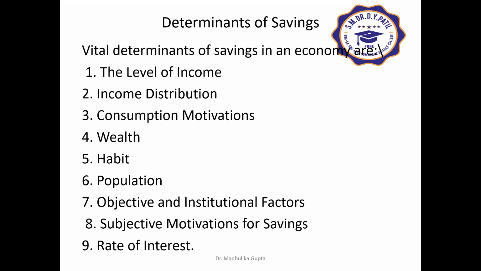So the next determinant is, of course, population. Higher growth of population, of course, has an adverse effect on the per capita income, which causes an adverse effect on the saving income ratio. Agree? So again, the age distribution of the population also affects the volume of aggregate saving in the economy.